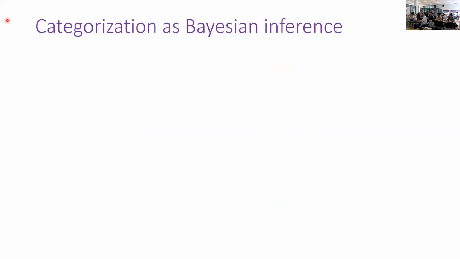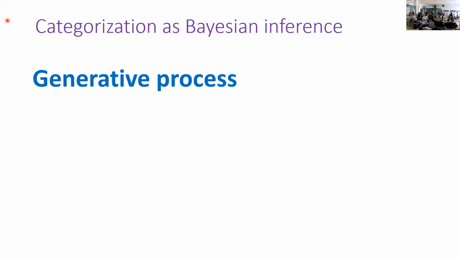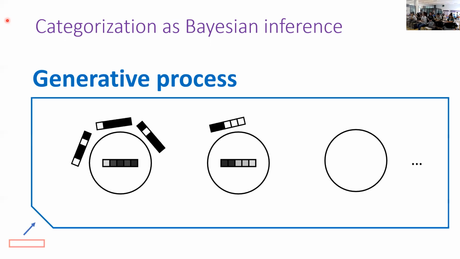So how does this CRP prior go into categorization? First, as for every Bayesian observer model, we need a generative process. Again, we use the tables, but now we use a bar like this. Each bar has 5 cells.